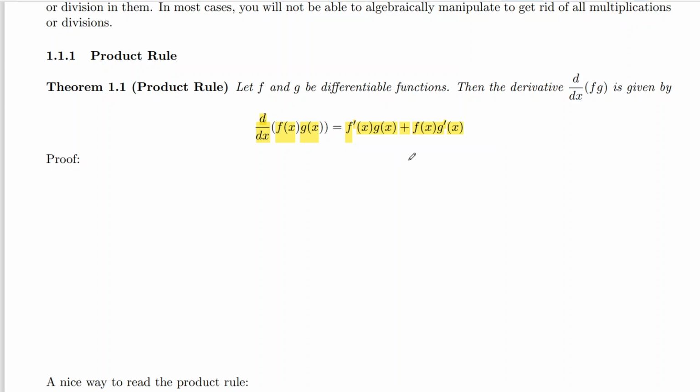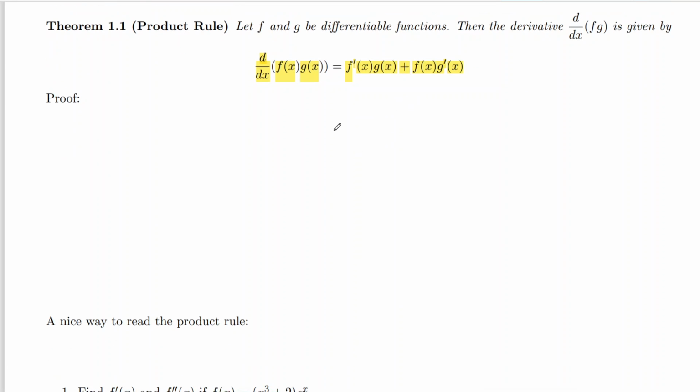So what is this saying? This is saying if you're multiplying two functions and you want to do the derivative, what you do is you do the derivative of the first. That's what the f prime of x means. So we do the derivative of the first part times, and then the g of x, that's just the second part left alone. So just times the second part.